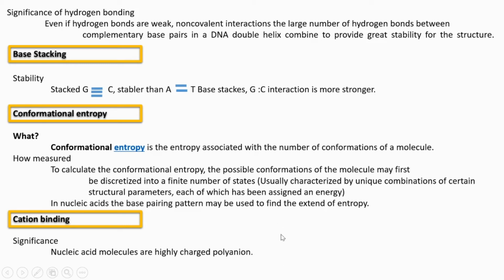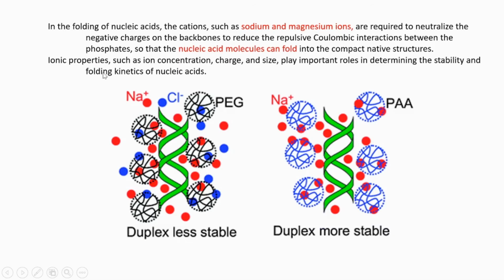backbone. The backbone gives stability. So as the repulsion is there, it is not good for maintaining the double helix. So we need to reduce that repulsion between the phosphates. For that, sodium and magnesium ions are very important. They should be present in its external environment.